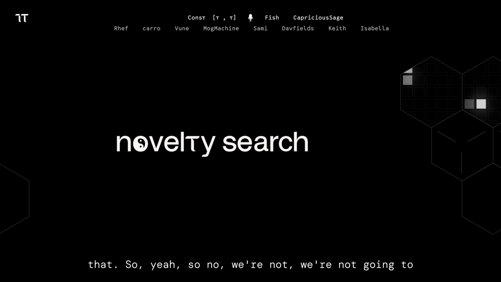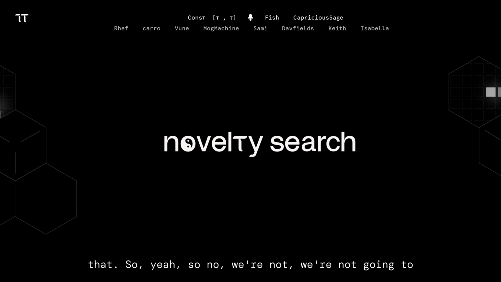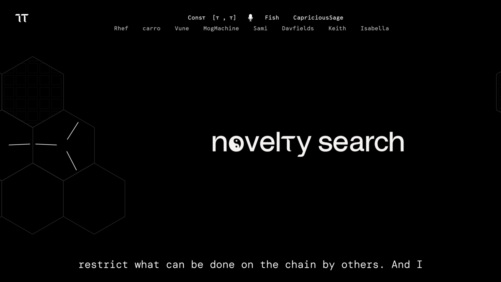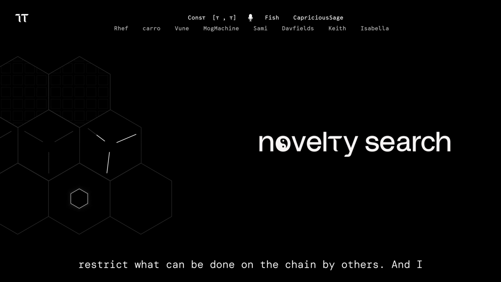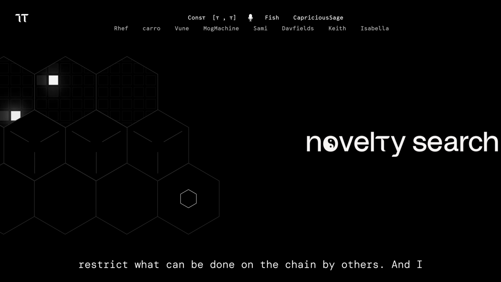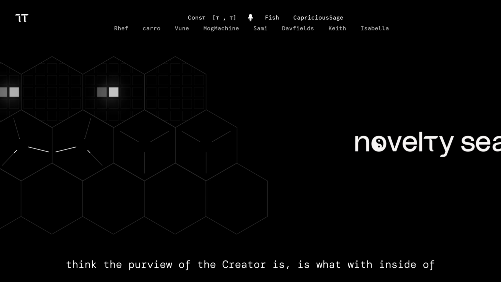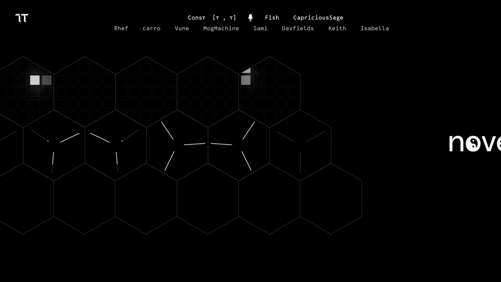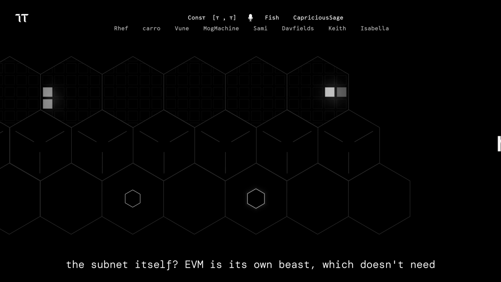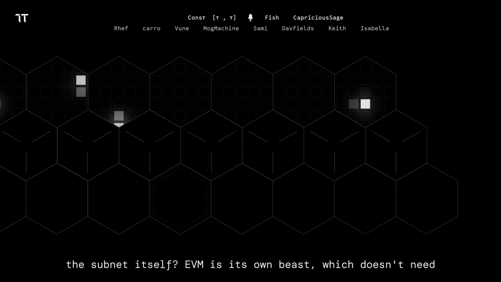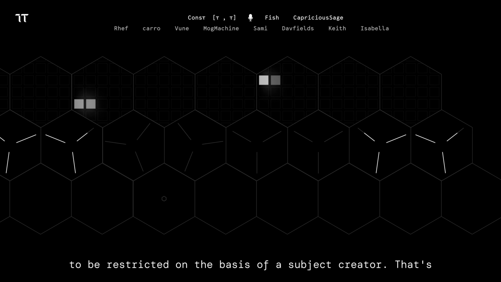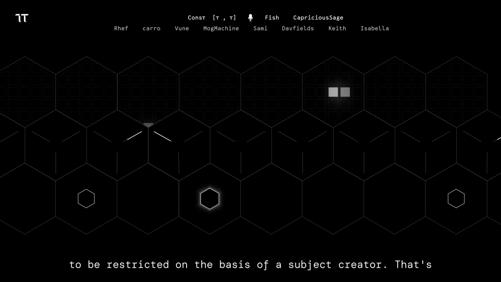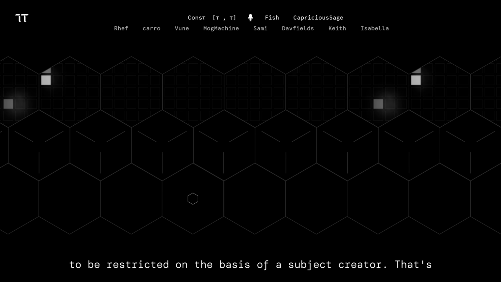So no, we're not going to restrict what can be done on the chain by others. And I think the purview of the creator is what's inside of the subnet itself. EVM is its own beast, which doesn't need to be restricted on the basis of a subnet creator.